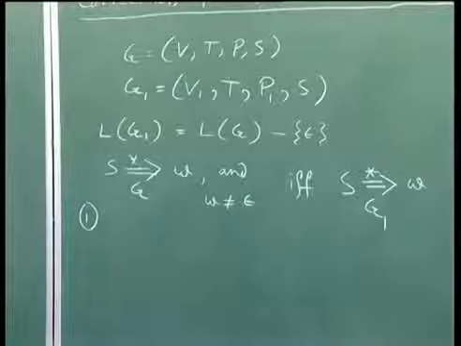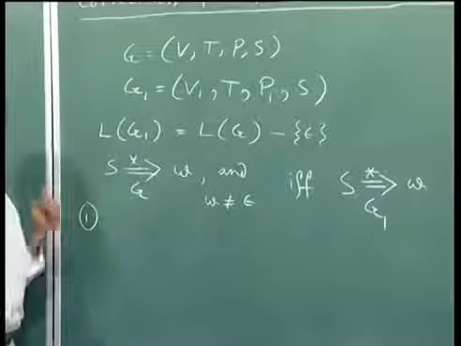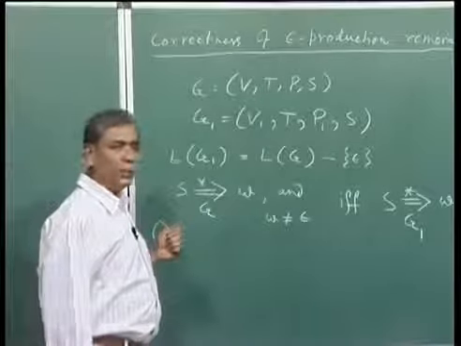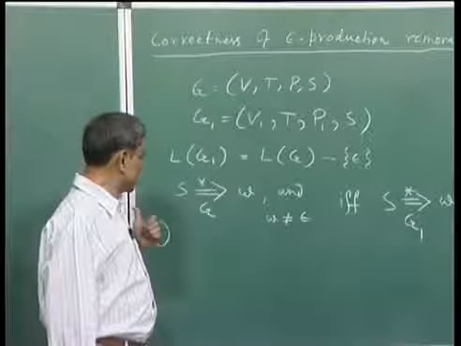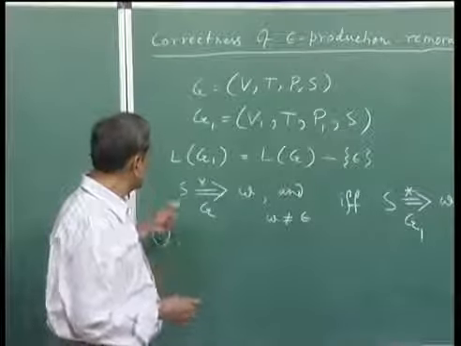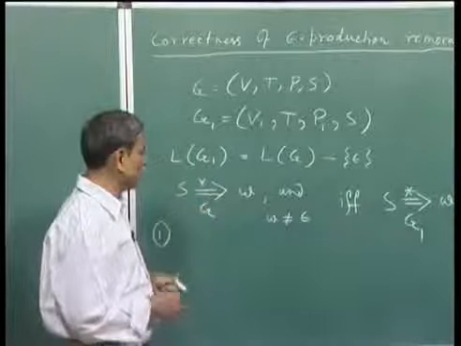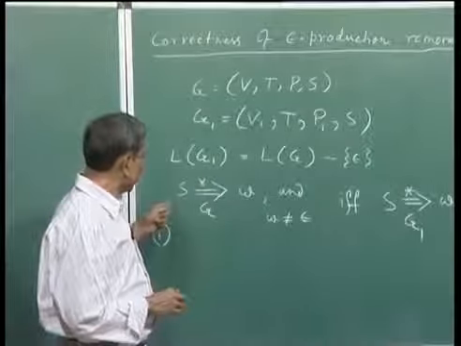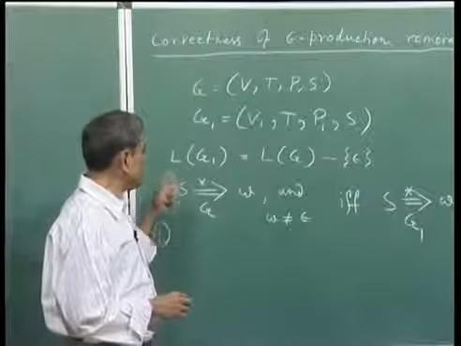However, instead of trying to show only for S, it will be more convenient for the proof to establish something stronger, and that is to establish the same thing not just for S, but for every non-terminal.